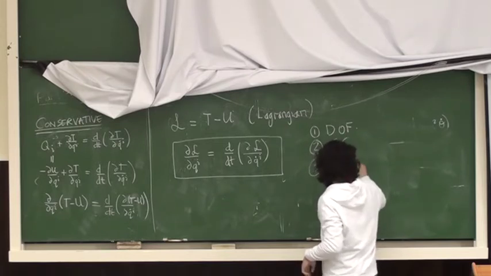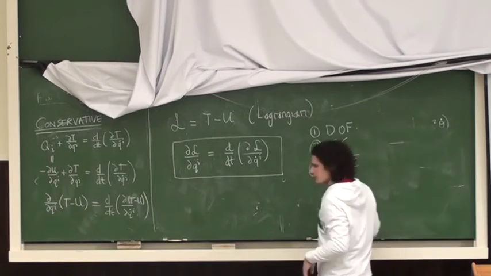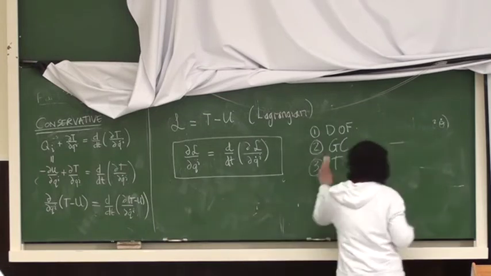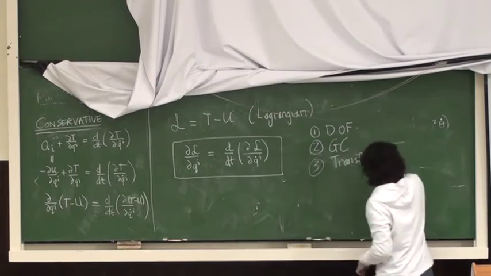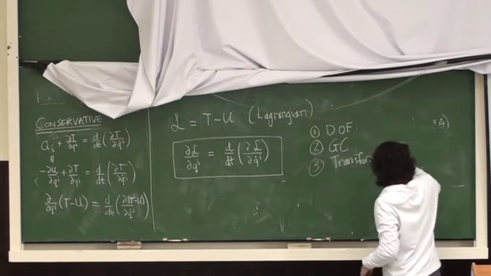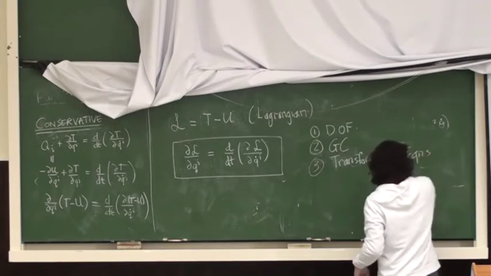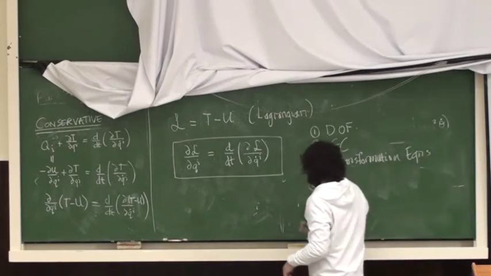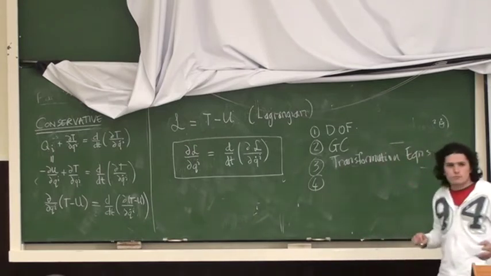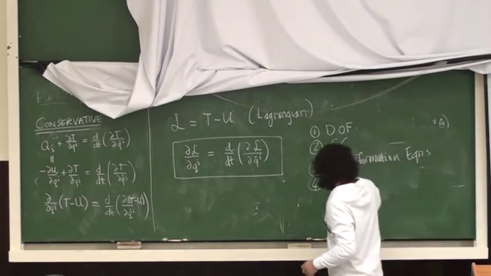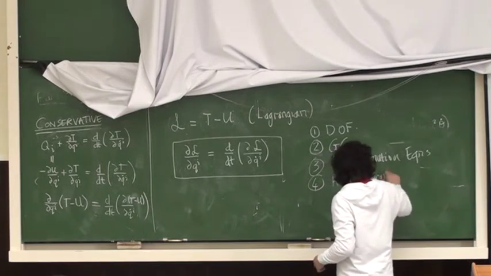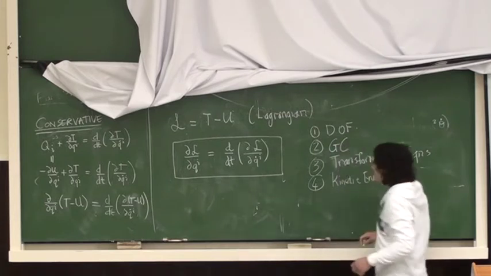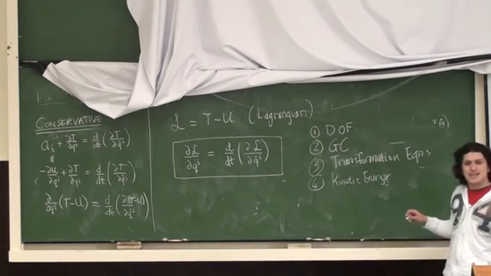Get the transformation equations. 4. Now, we still work out the kinetic energy. But this time, we also work out the potential energy.